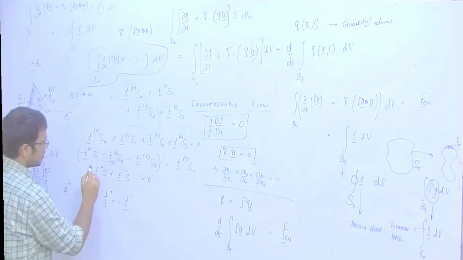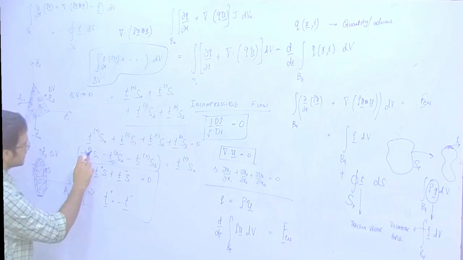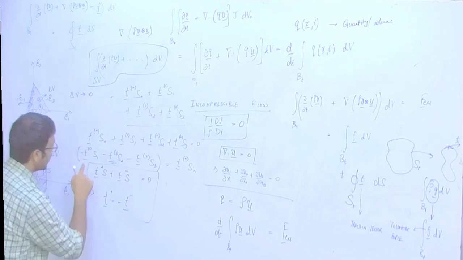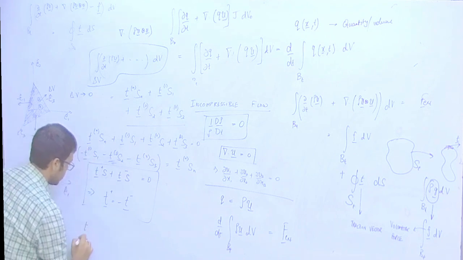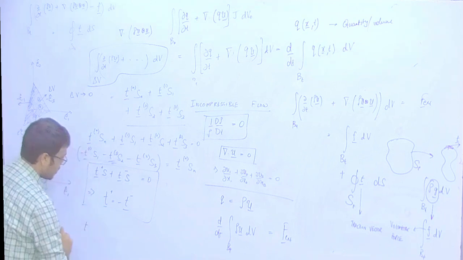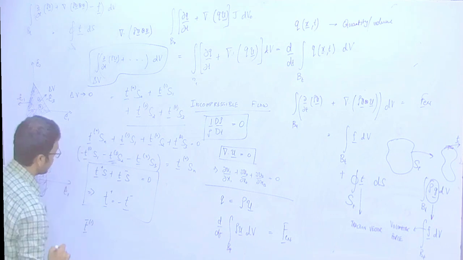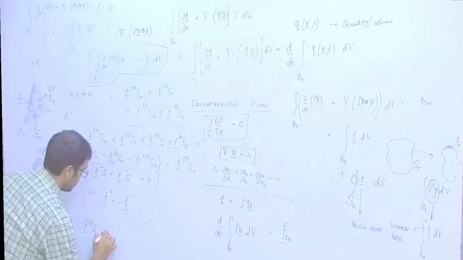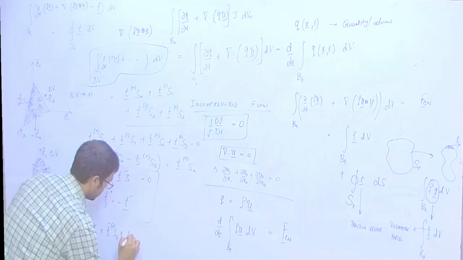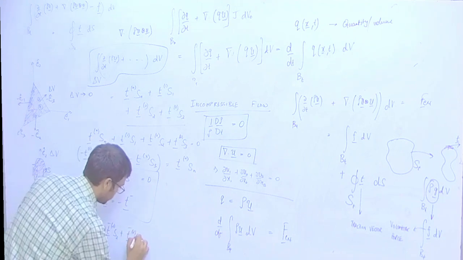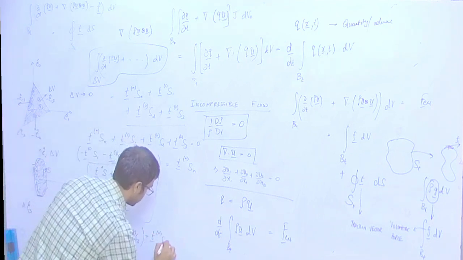Now I am going to write minus of T1 as T bar 1, so T bar 1 times S1 plus T bar 2 times S2 plus T bar 3 times S3 equals Tn Sn.